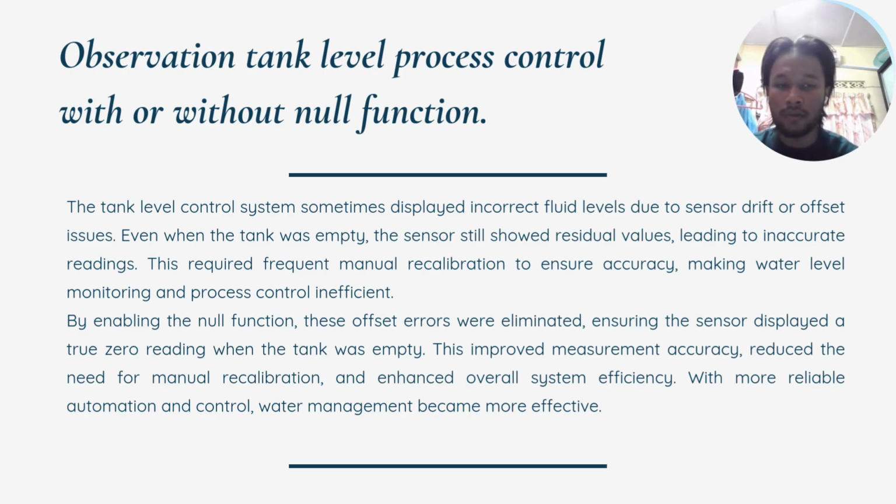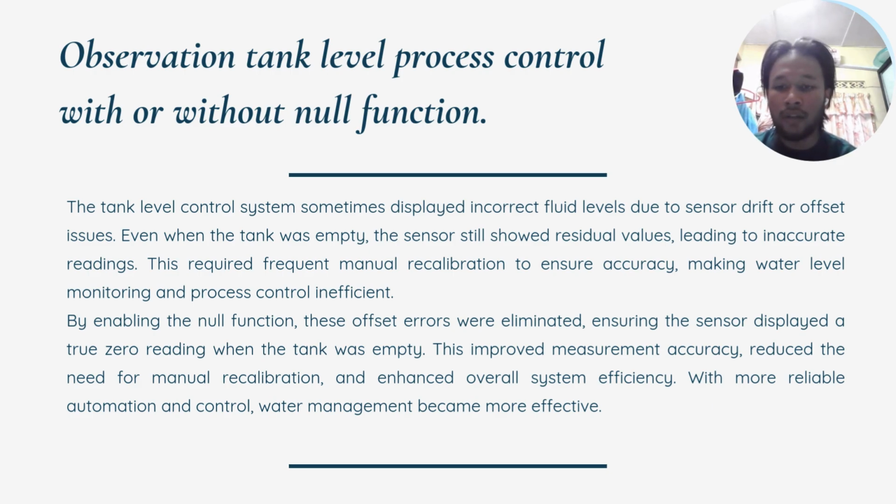I want to present about the observation of tank level process control without the null function. The tank level control system sometimes displays an incorrect fluid level due to sensor drift or offset issues.